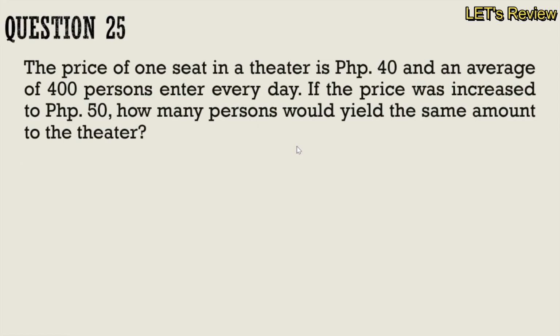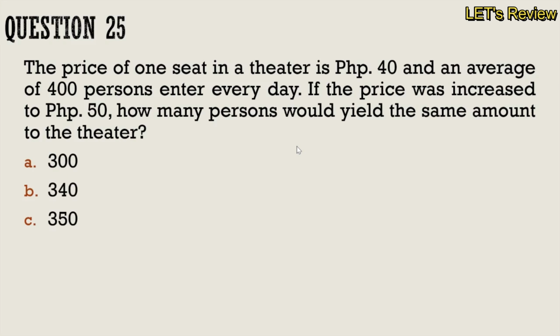Question 25. The price of one seat in a theater is 40 pesos, and an average of 400 persons enter every day. If the price was increased to 50 pesos, how many persons would yield the same amount to the theater? A. 300. B. 340.